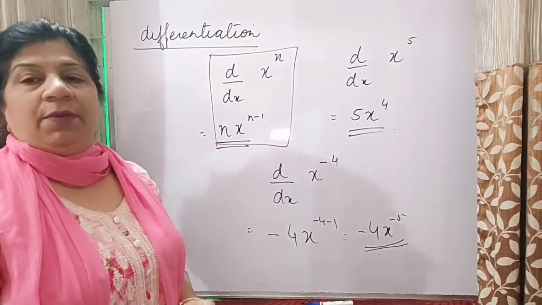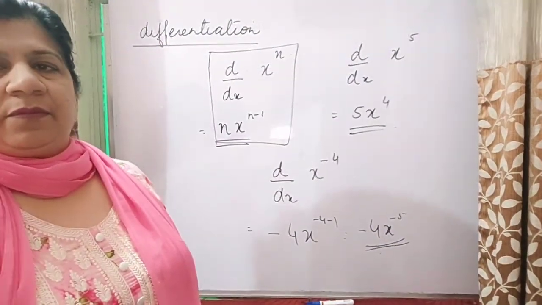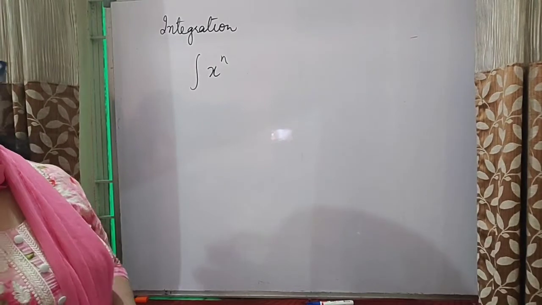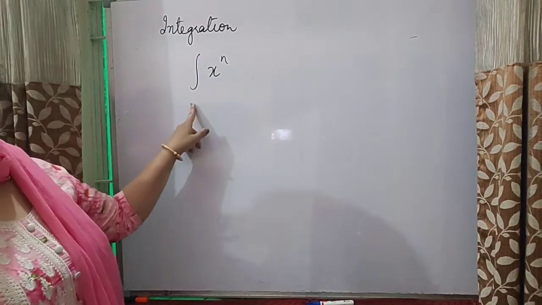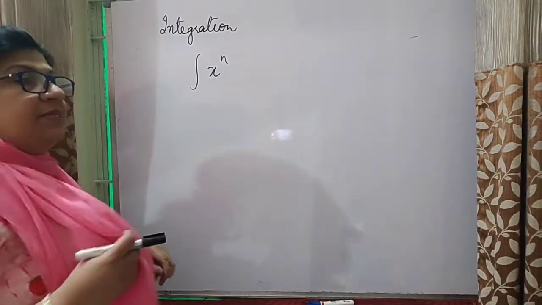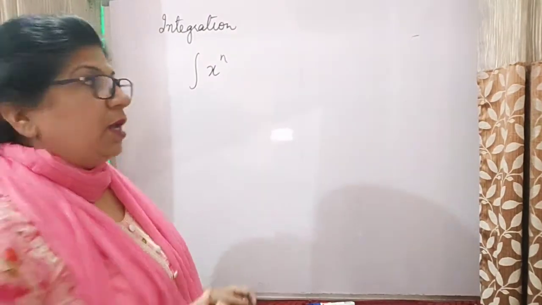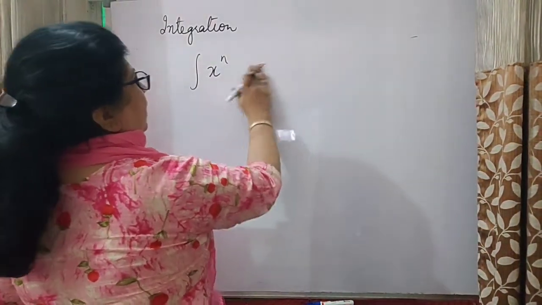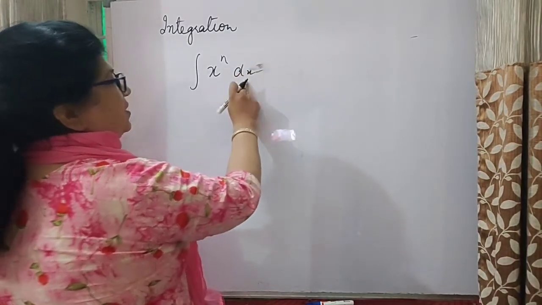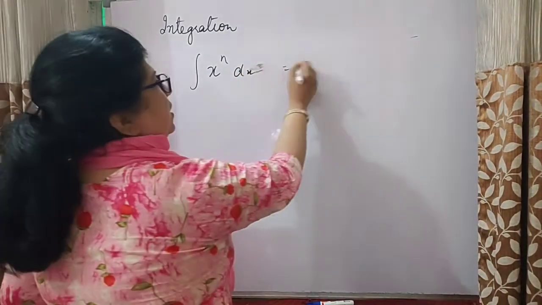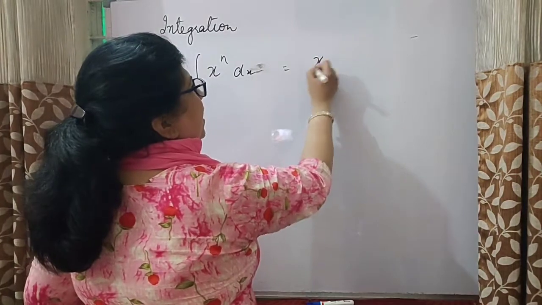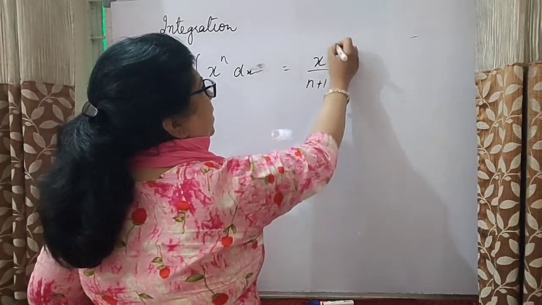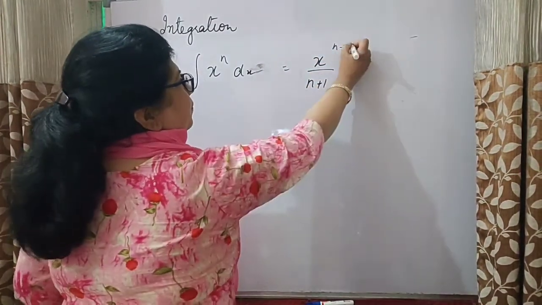After that, we come to integration. So now the integration, the sign is given like this, right? Integration means summing it up, right? So if you are having integration, again this is done with respect to the given value x. The formula for this becomes x to the power n plus 1 upon n plus 1.